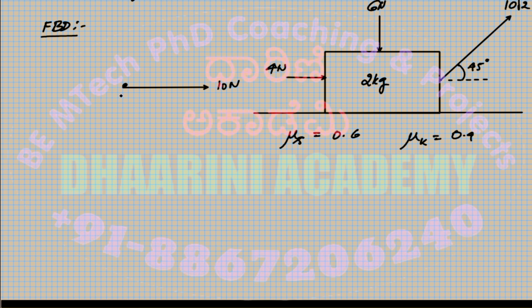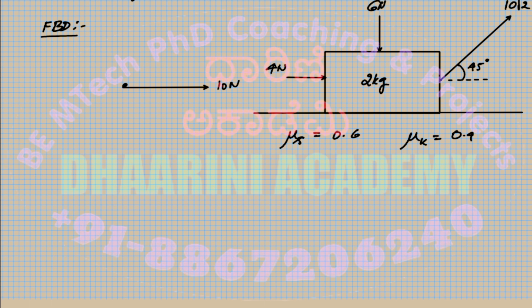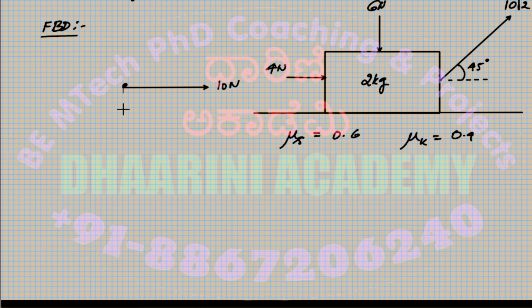Right. Then the weight of the body acts downwards. Okay, so that is 2 into, let's take g equal to 10. So 2 into 10 is 20 Newton downward. This is the weight. And also you see that there is a 6 Newton acting downwards, right? That's this.